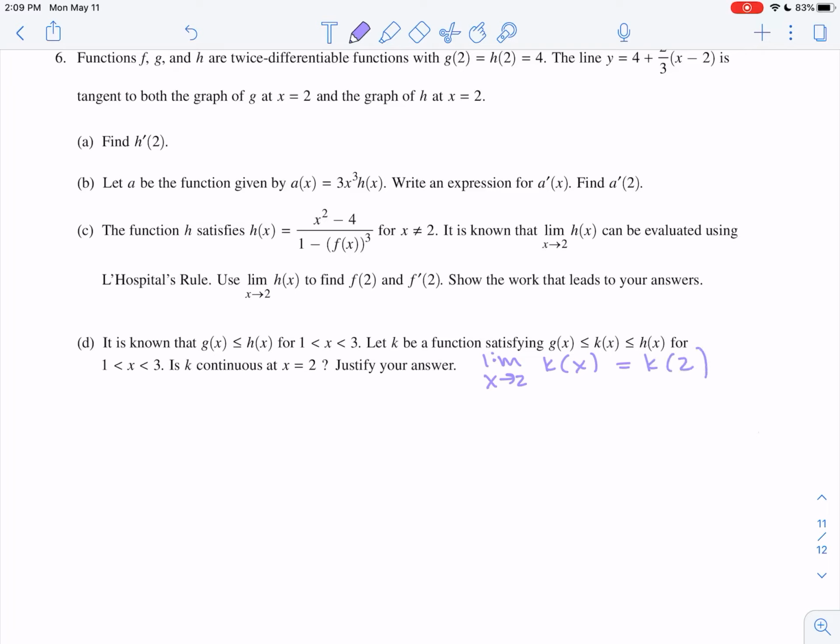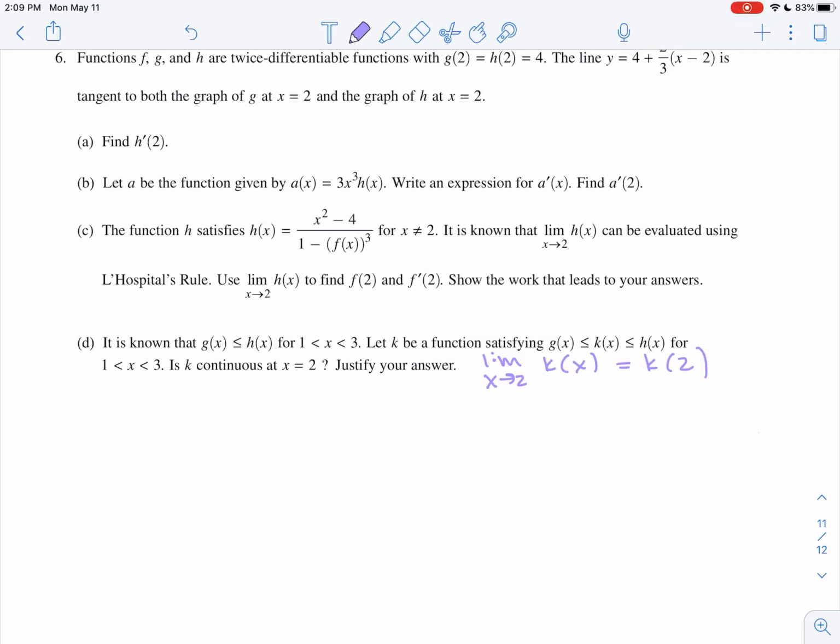And this is honestly kind of an intuitive question. This is squeeze theorem, so if these are all squeezed together and g and h have the same function value and limit, then k must as well. This was only worth 1 point. You don't have to state squeeze theorem here.